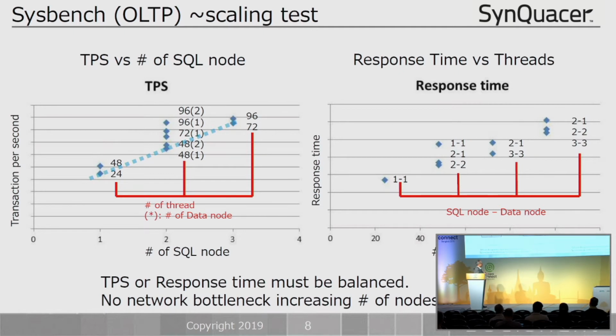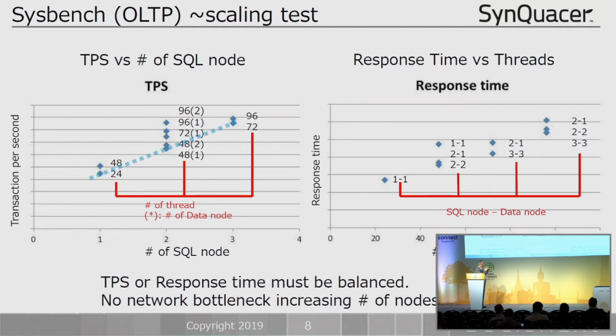So what happens is, we started from one SQL node and one data node. This is the original start point. And on the SQL node, we also installed Sysbench. And because we have 24 cores in one CPU, we set the number of Sysbench threads to 24.